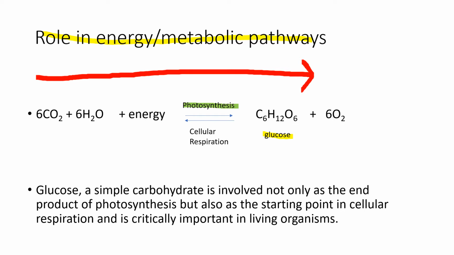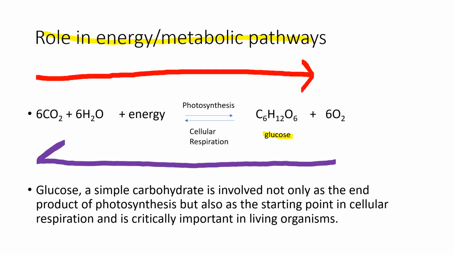If we think about this going in the reverse direction, from right to left, what's happening is cellular respiration. This is what every single one of our cells is doing in order to sustain life constantly.